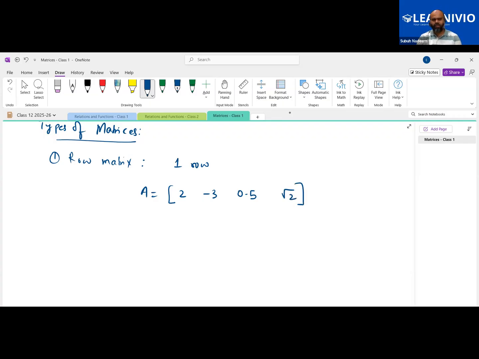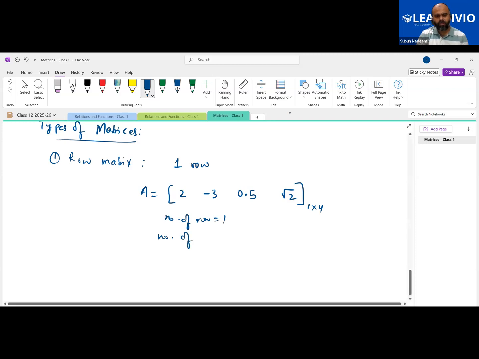It is having real numbers. Real numbers could be negative, a fraction, a decimal, or irrational, like root 2. Its order is 1 cross 4, so the number of rows is 1 and the number of columns is 4. This is a row matrix.